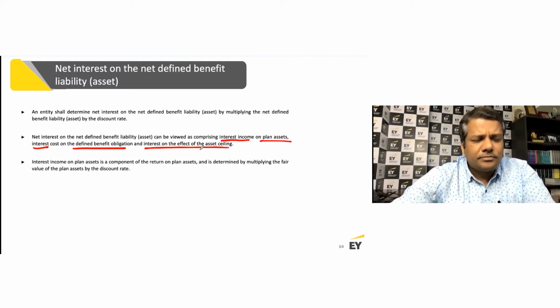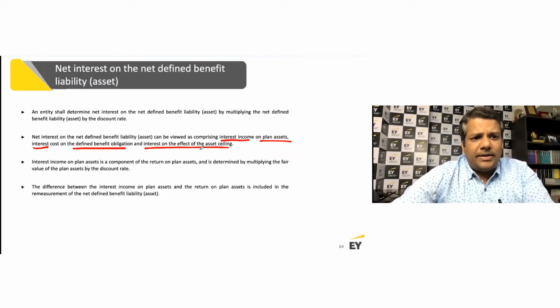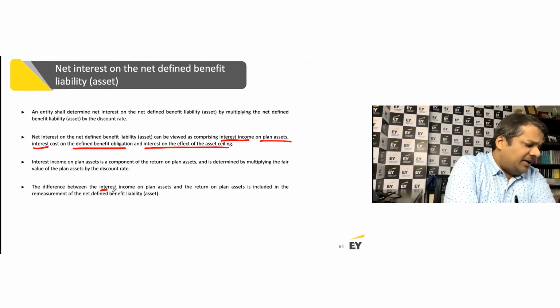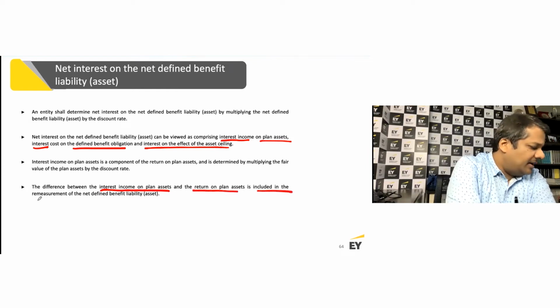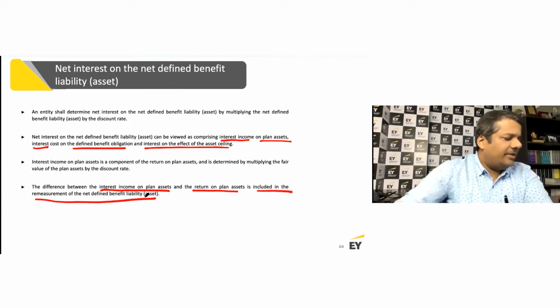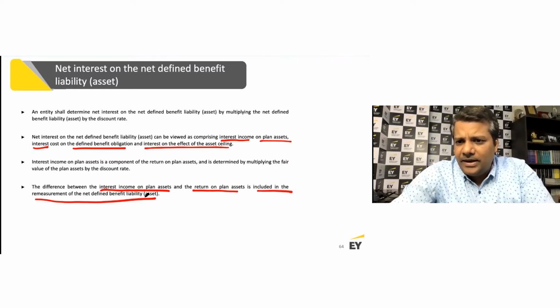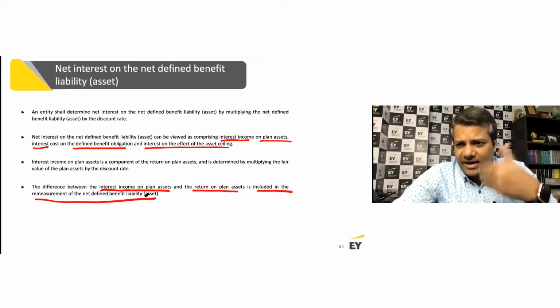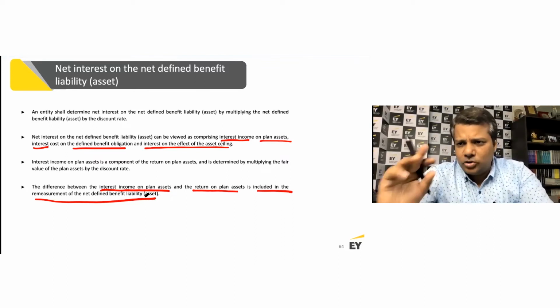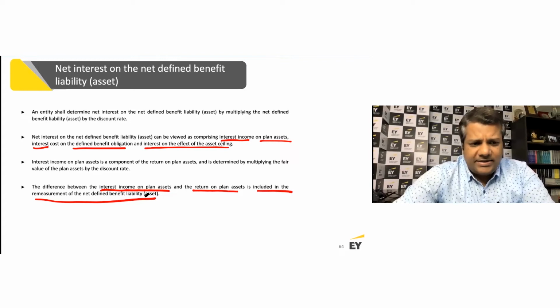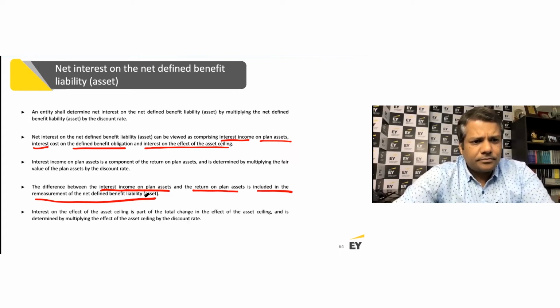Interest income is a component of the return on the plan assets, and the difference between the interest income on plan assets and the return on plan assets is included in the remeasurement of the net defined benefit liability. So if there's any difference between the interest and the actual return, that goes into the remeasurement gain or loss, which goes into other comprehensive income. All right.